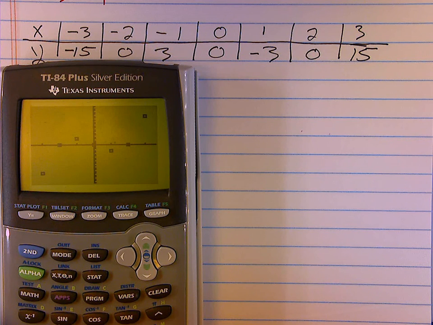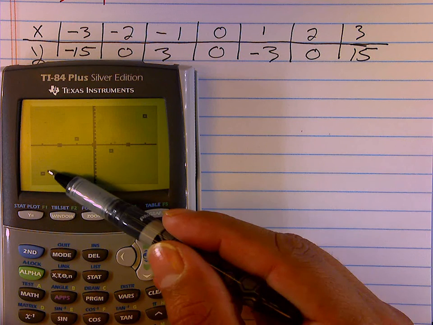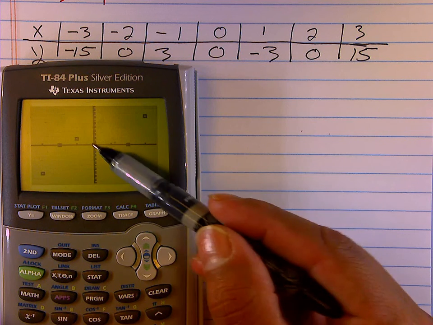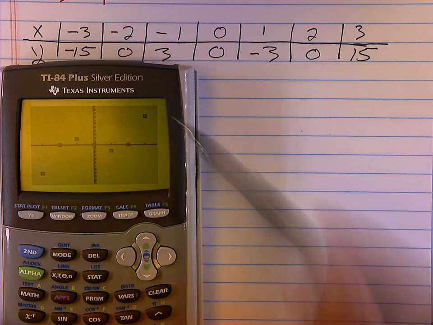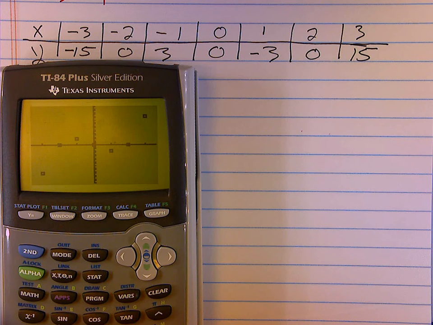This one clearly looks nonlinear. Best estimate, if it is a polynomial function, is that it is at least a third degree, because it appears that we have one curve and then another curve. So from looking at this, I'm going to estimate that this is a minimum third degree polynomial function.